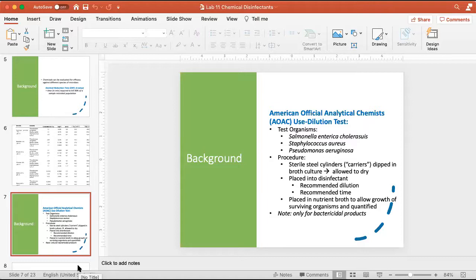Now, the Use-Dilution Test, similar to the DRT, is going to take this chemical and use it at the manufacturer's recommended dilution, but it's going to do the test quite differently than the DRT. The test organisms typically include a couple of the same ones that we just saw in that table, Pseudomonas, Staph aureus, but also usually something like Salmonella, some kind of a fecal intestinal organism is typically part of this test.